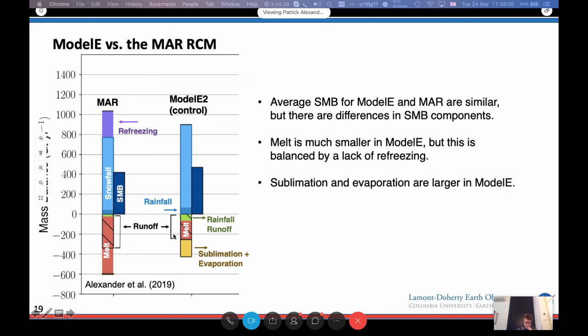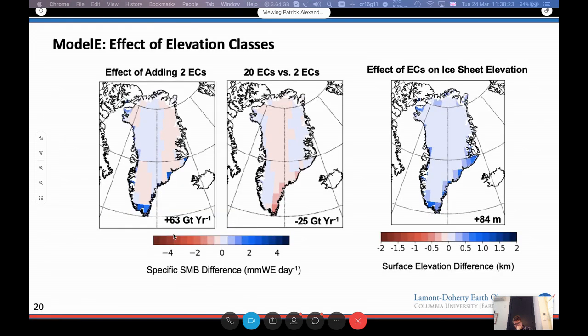Now, going to elevation classes. So when we add elevation classes, the main thing that happens is that before we had a single elevation for the entire grid box. Now, if we just add 2 elevation classes, we can add 1 for ice and 1 for other areas. And when we do that, the ice is much higher in elevation in some of these coastal grid boxes than the surrounding land areas.